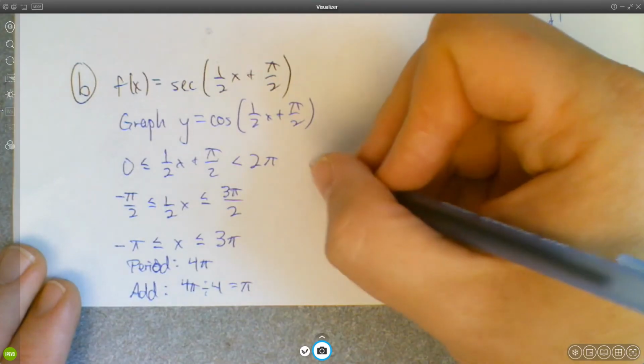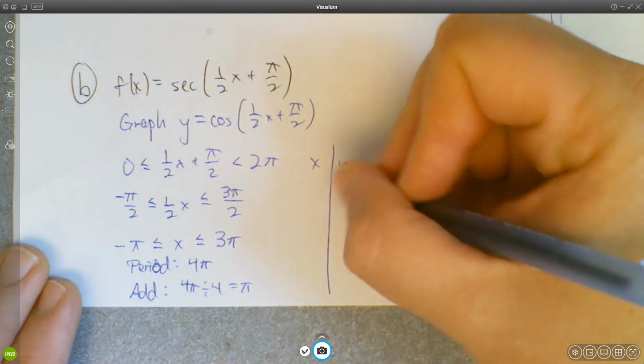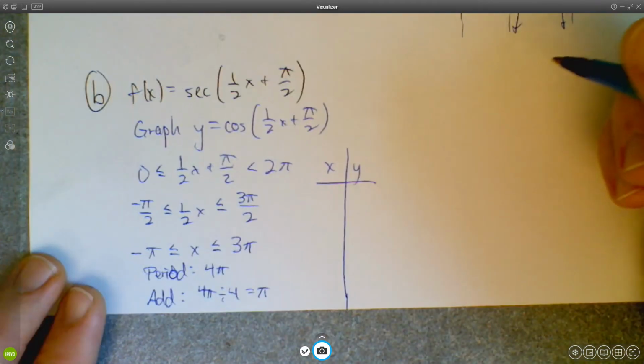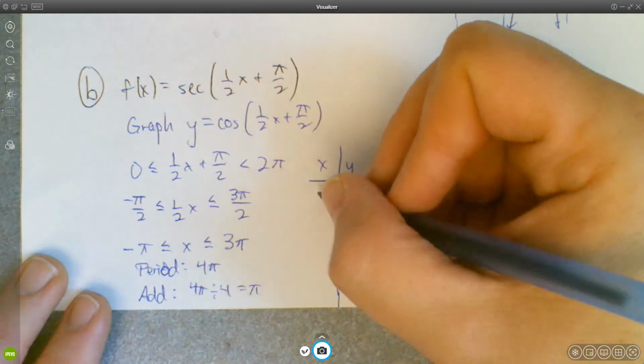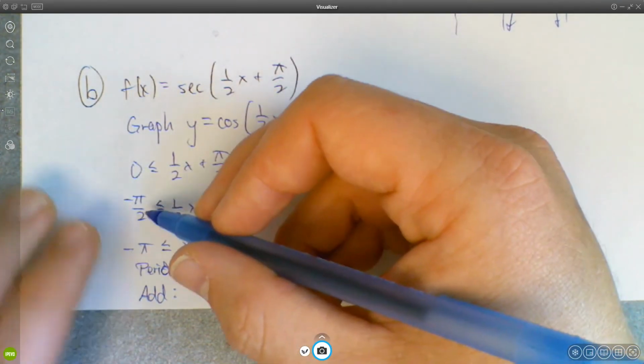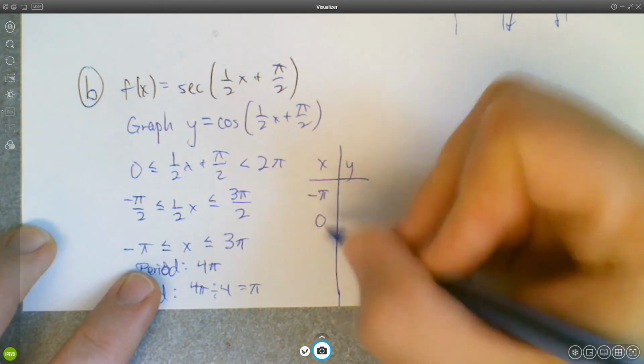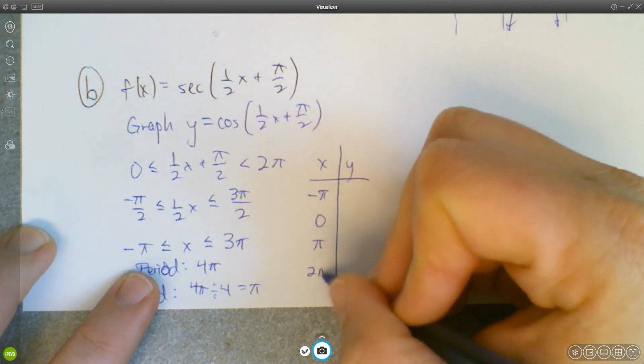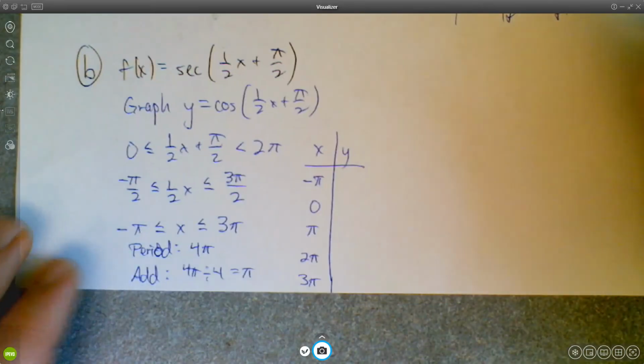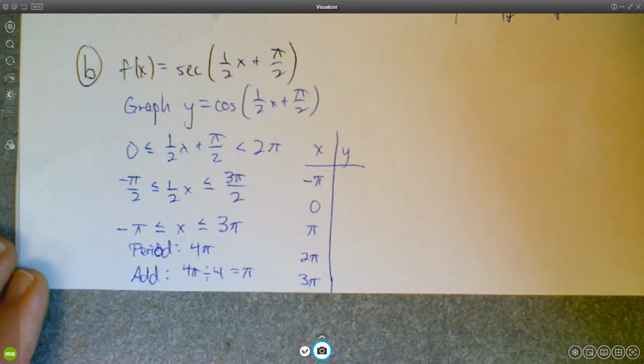That's kind of nice. Okay, so starting at -pi, then I'm going to add pi, and again, and again, and again, and then I land at 3 pi right where I should.